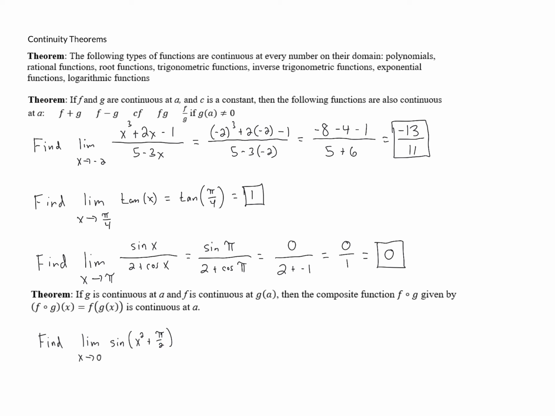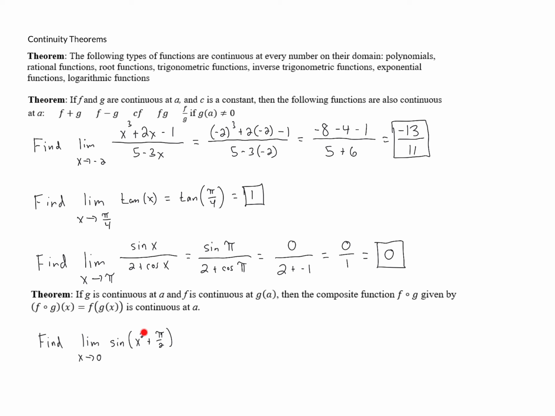So this is a composition of two different types of functions. And this says that this composition of functions is continuous at a value so long as the inner function is continuous at that value a, and the outer function is continuous at whatever the inner function is evaluated at a.